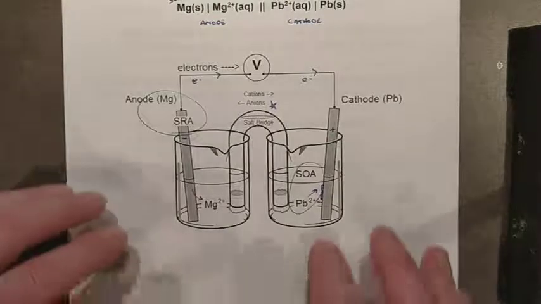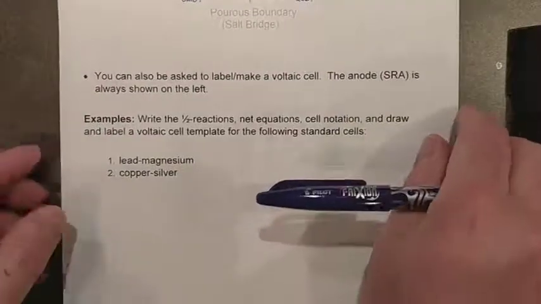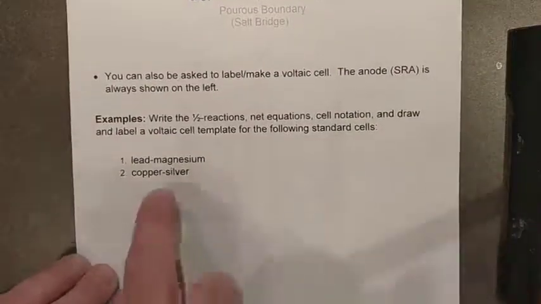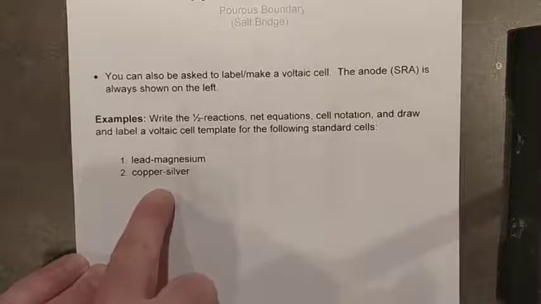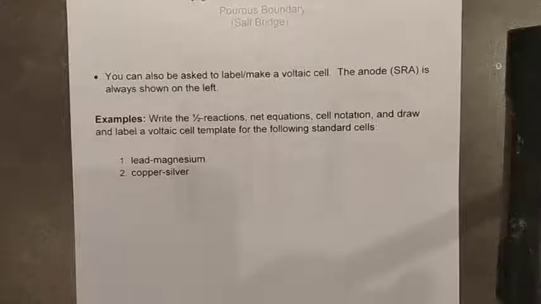What I want you guys to do, before you get into the next lesson here, is try the copper-silver cell. Remember, you begin with your entities, do all of your SOA, SRA work, build your redox reaction, and identify the two half reactions clearly, and then identify what would have to be cathode and anode.